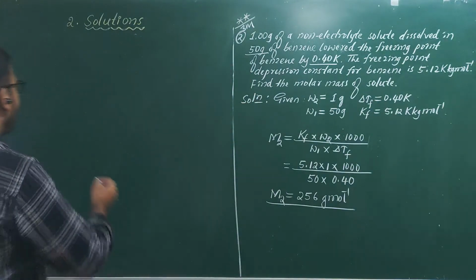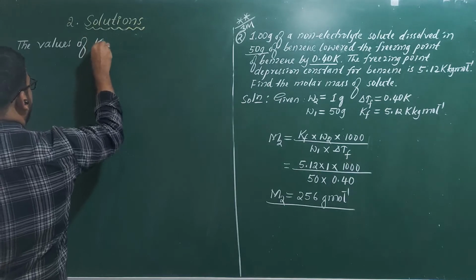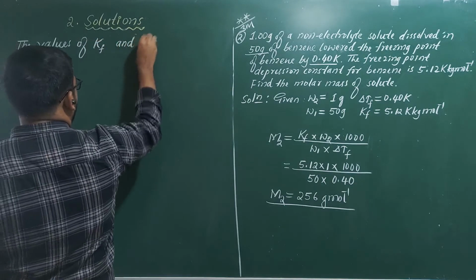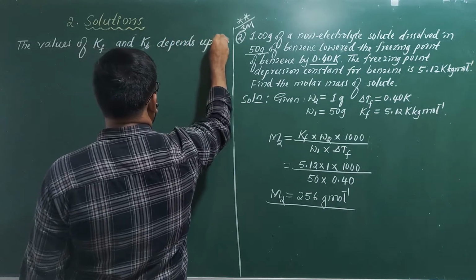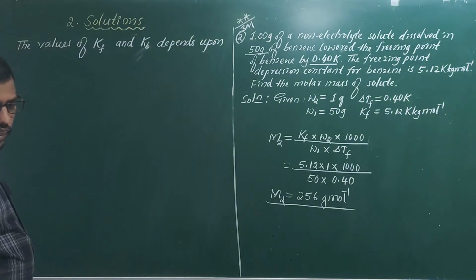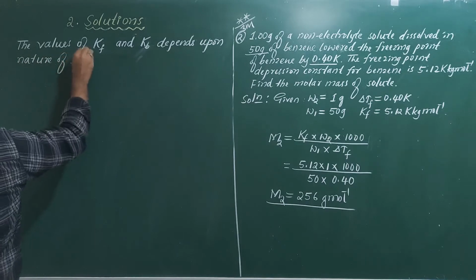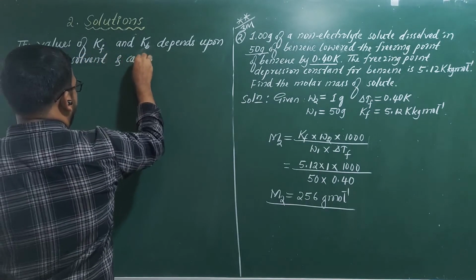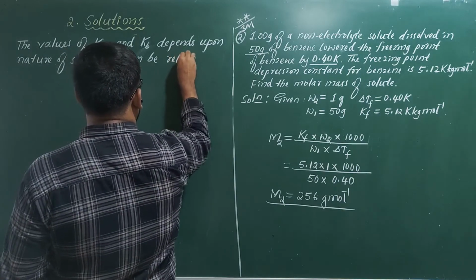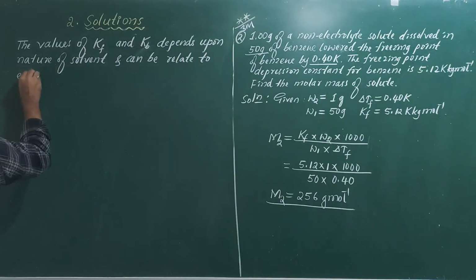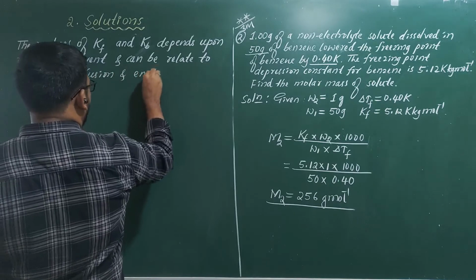Okay, so the values of Kf, that is cryoscopic constant, and Kb, ebullioscopic constant, depend upon nature of solvent and can be related to enthalpy of fusion and enthalpy of vaporization.